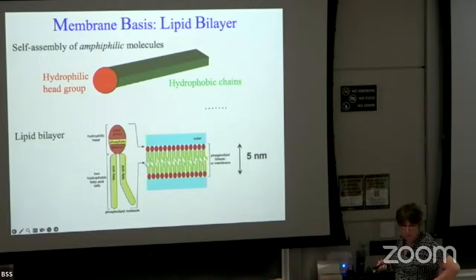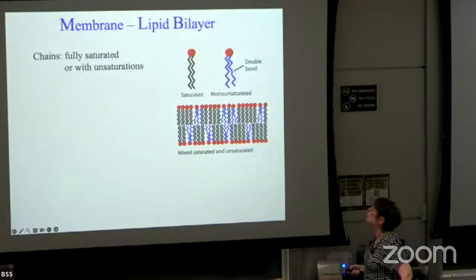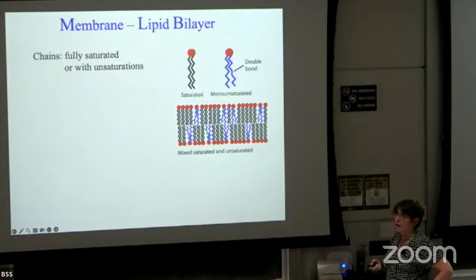So if I want to go now to more detail about these lipids, we can be a little bit more precise. Chemically speaking, most of them in cells contain two chains and a head group, of course. And the chains could be totally saturated, or they can contain some unsaturations, as you can see here.